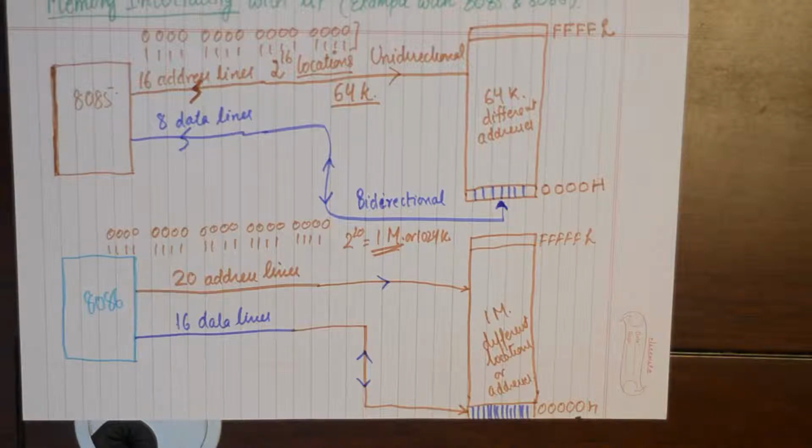We'll talk about that mechanism later, but this is how memory interfacing starts with a microprocessor, taking examples from the 8085 and 8086.